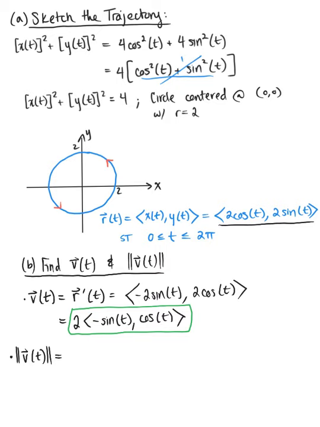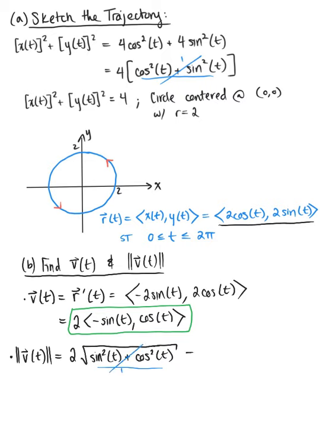So we can keep our scalar multiple of 2 on the outside. And so we have minus sine of t squared, which gives us sine of t squared, plus cosine of t squared, which is cosine of t squared. And hey, there's Pythagorean's identity again. Woohoo! So we know, of course, that that goes to 1.